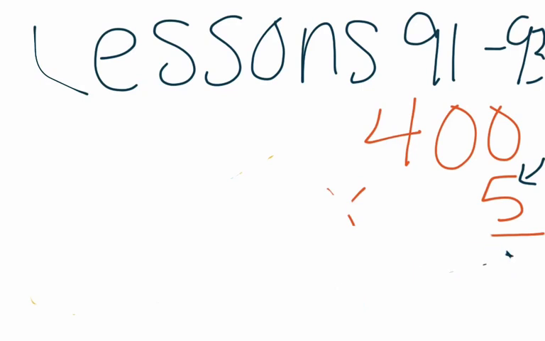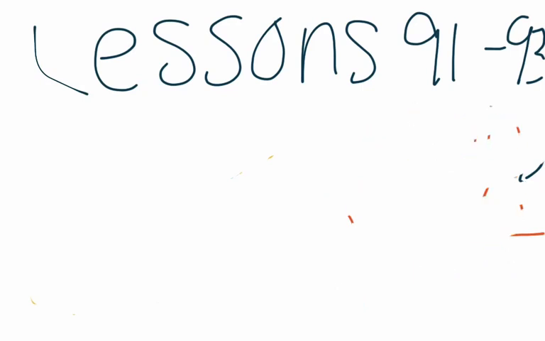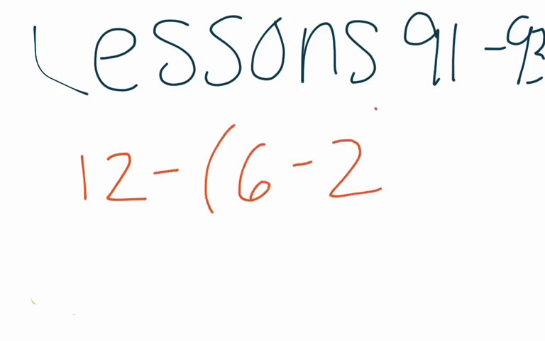On lesson 92, I'll just erase this real quick. Okay, lesson 92, we specifically talked about parentheses and using compatible numbers. There were 2 parts to this. The first one talked about how we use parentheses, and we always answer what's in parentheses first.